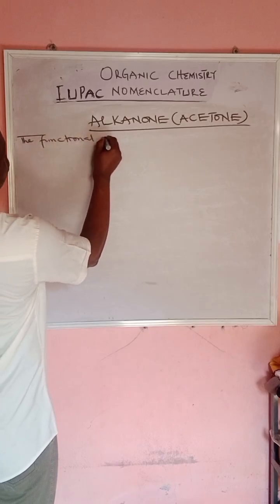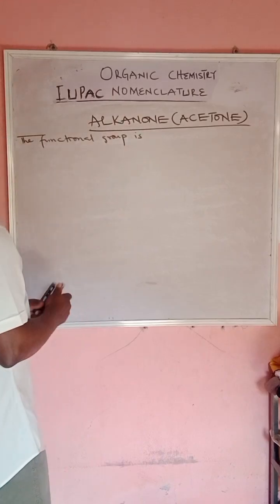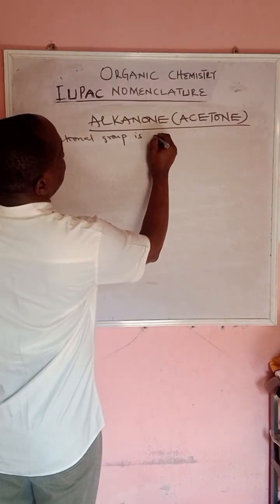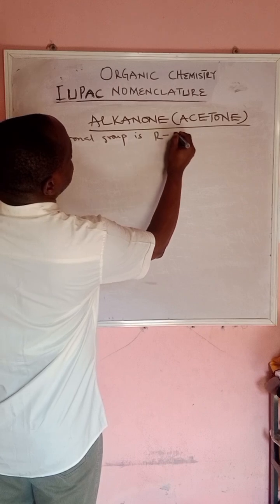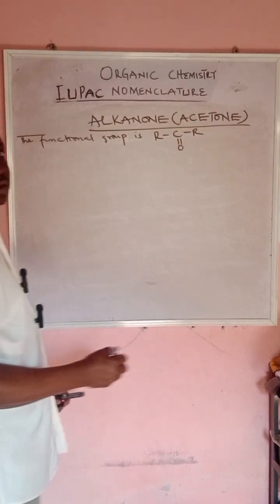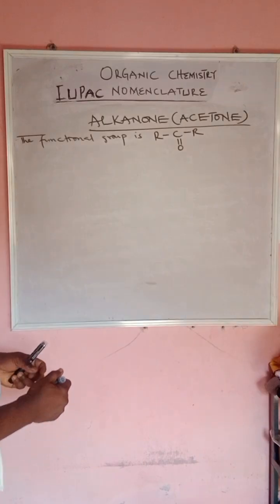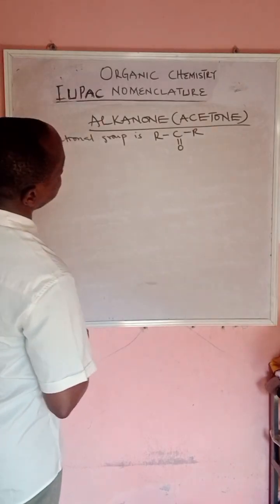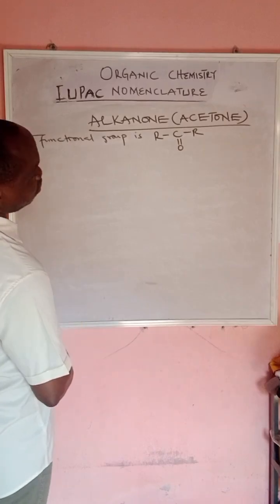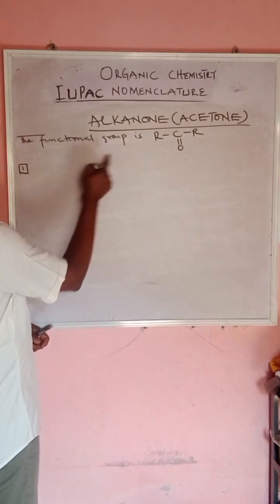The functional group is R-C(=O)-R. So that's the functional group. Take note of that. So the first one, let's see how do we name this.